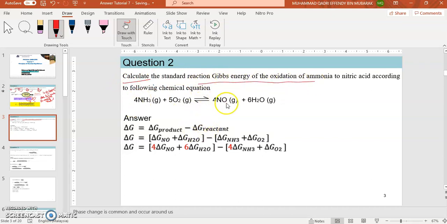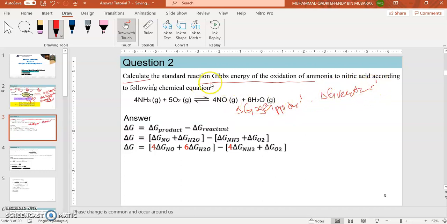So we know that to calculate the reaction Gibbs energy, what we need to do is delta G is equal to delta G product minus delta G reactant.